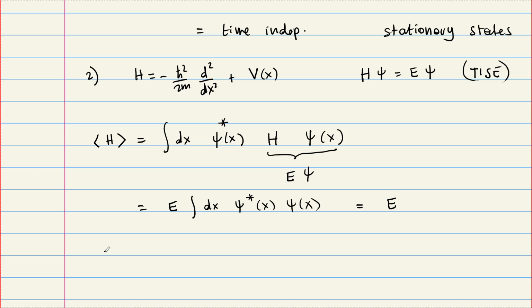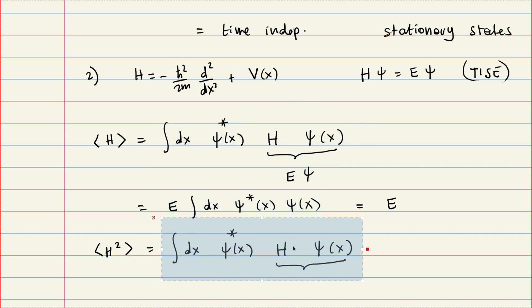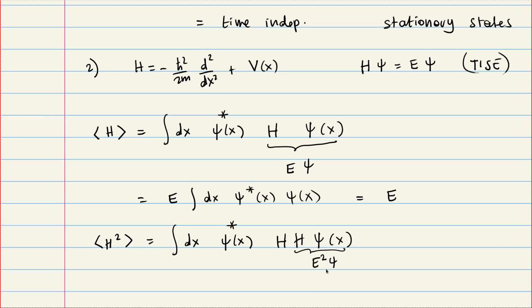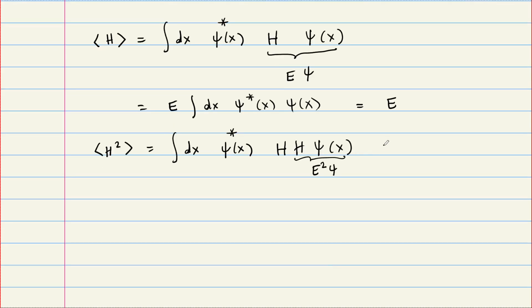And I can repeat the calculation with H squared. The logic is exactly the same. So this is H times H, if you want, H squared. I apply one first. This is E times psi. And E is a constant, take it outside. There's one more H, act one more time, it's going to be E squared. And again, what remains is normalized. So this is going to be E squared.